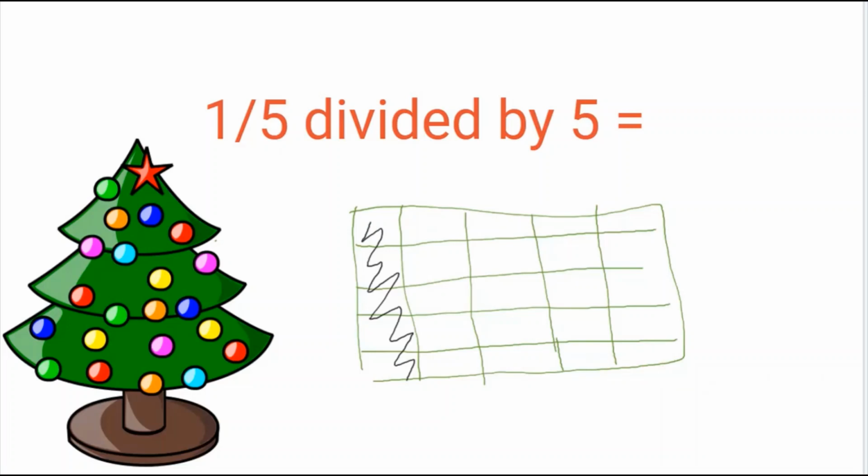So you're gonna write 25, and then you're gonna go into the top row, and then you're gonna look at how many squares are filled in. And we only have one square that's filled in. So your answer is gonna be 1/25.